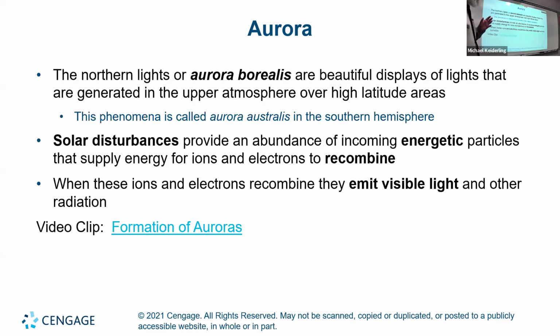So they knock electrons free. When the electrons recombine, it emits light. When these electrons and ions recombine, they emit visible light and other radiation. And so the colors you're seeing are things like oxygen and nitrogen that have been ionized and are recombining.